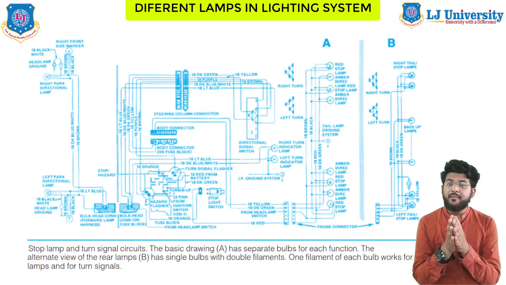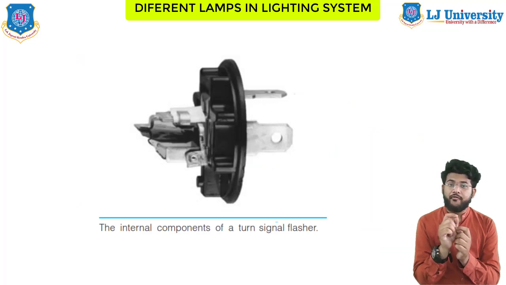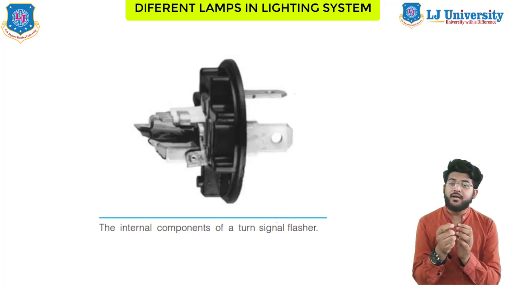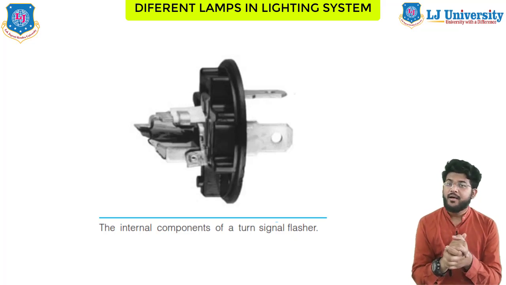The signaling filament receives interrupted current through the flasher unit, so it flashes on and off. The filament on the opposite side of the car receives a steady flow of current through the brake switch and the turn signal switch, so it is continuously lit. This happens in single filament lights.